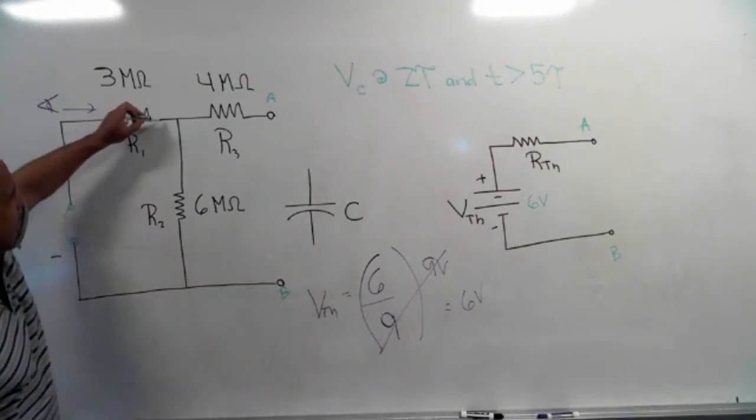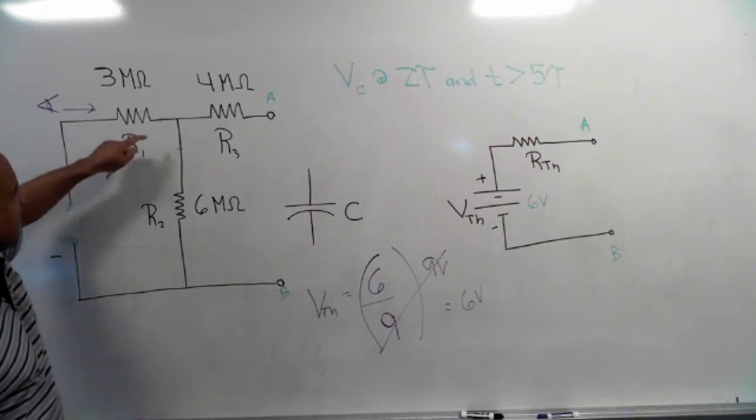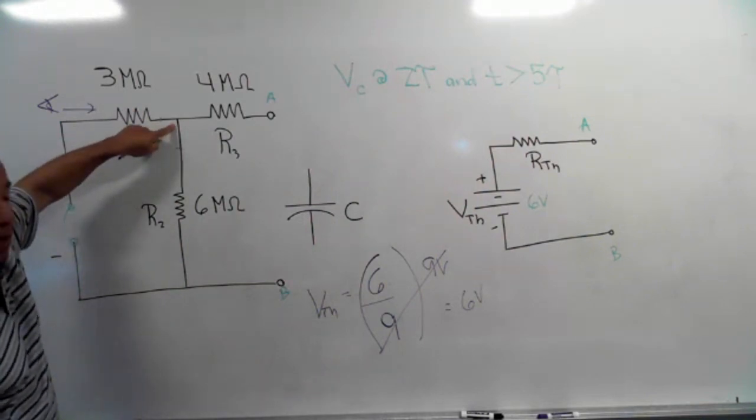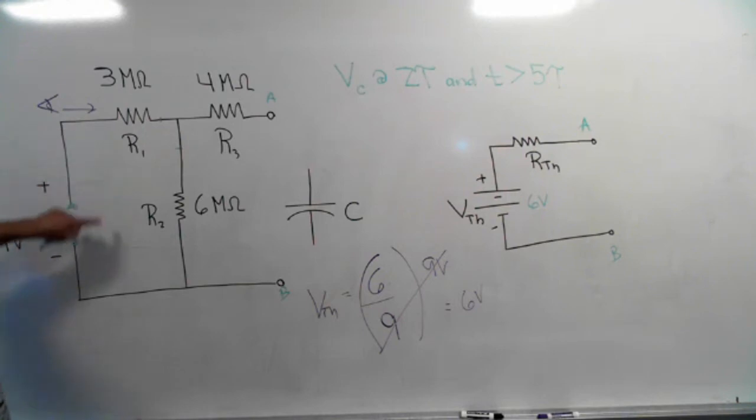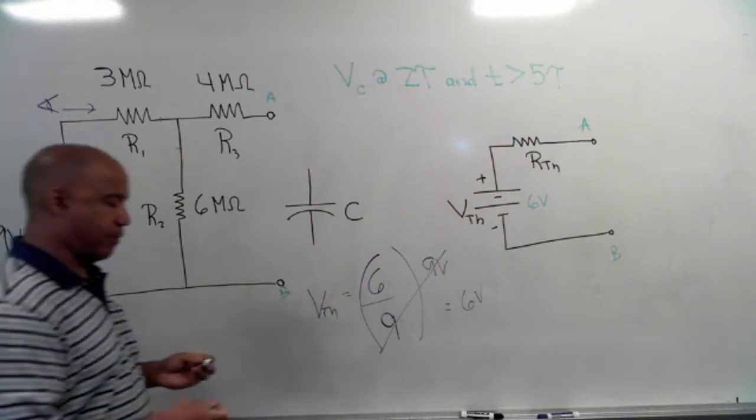Now, notice that R1 and R2 are tied together right here at that point. Once I short that battery out, that ties the other side of R1 and R2 together. So R1 and R2 are actually in parallel.